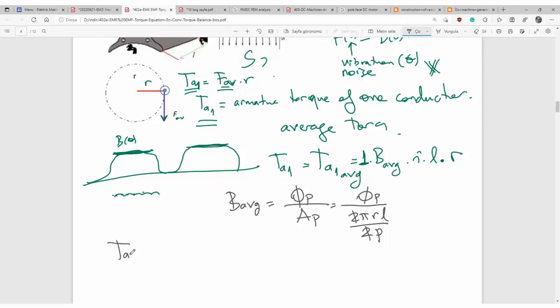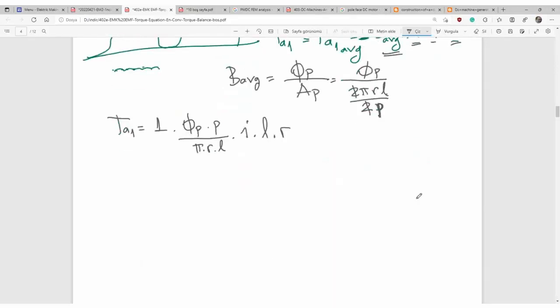Let me say only T1 for one conductor, and substitute B average, which is P pole times P over pi RL, and then current of one conductor, and then length of one conductor under the magnetic field, and radius of the conductor's position.